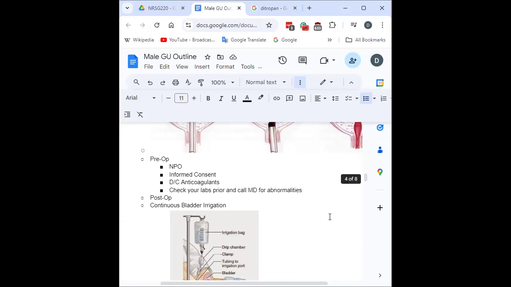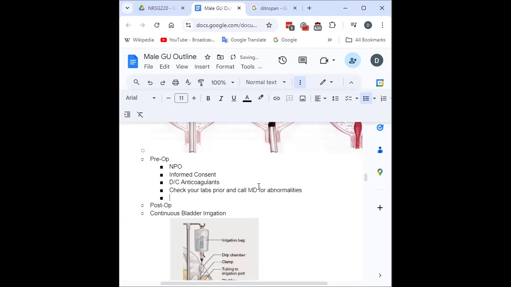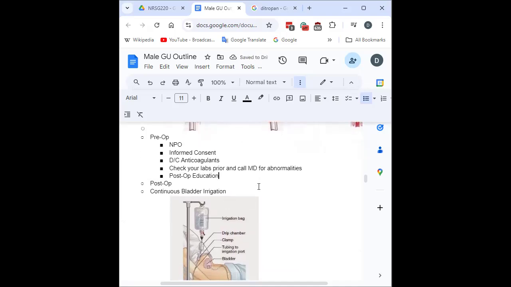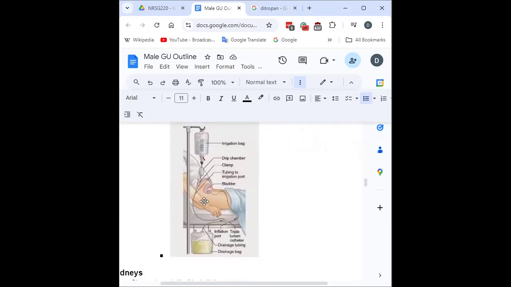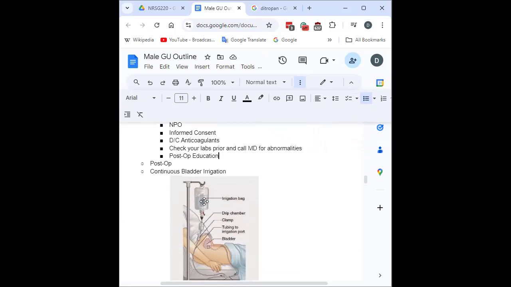Your standard stuff. Pre-op, it's good to give education for post-op. Educate them on what they can expect, including the continuous bladder irrigation, so they don't get freaked out by what they end up seeing.